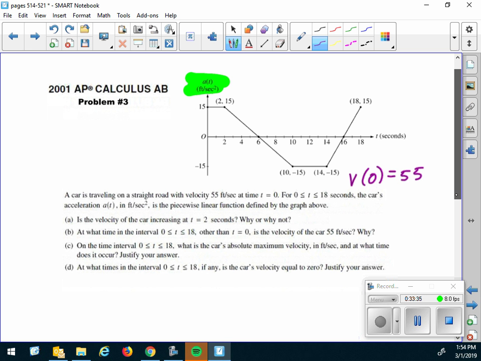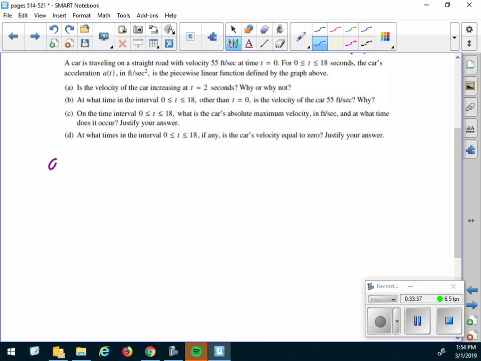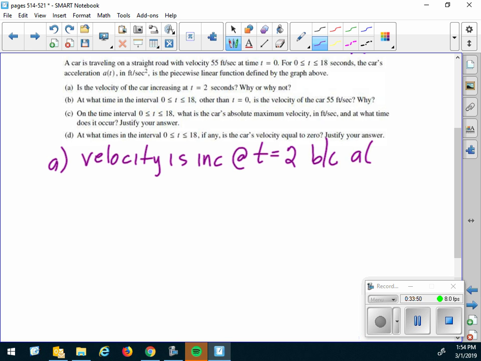Good. So we'll say velocity is increasing at t equal 2 because v prime of 2, which is a of 2, is positive.